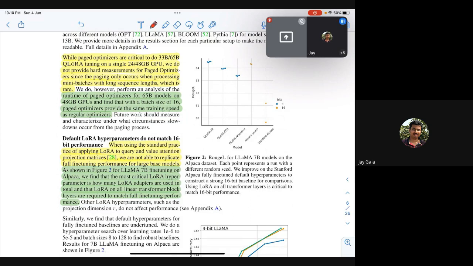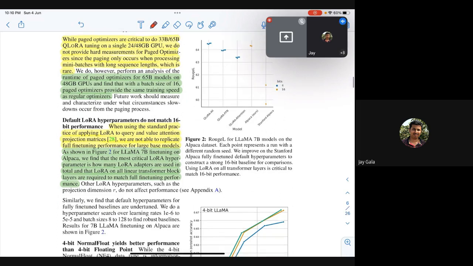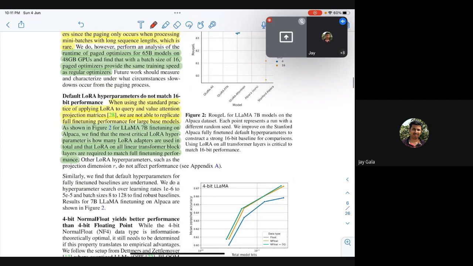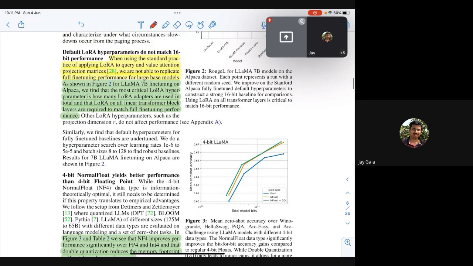They do provide some analysis, but overall I think it depends on different model parameters. As for the studies, it seems like it requires the same training speed as the regular optimizer. So even though there's some latency, you can still manage to train the models at much lower memory storage cost.